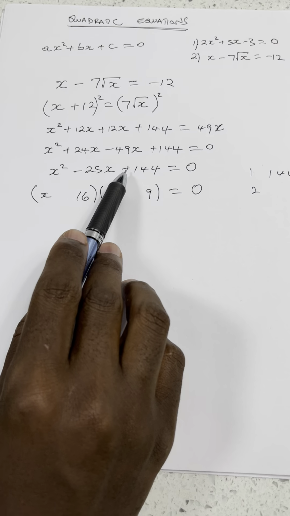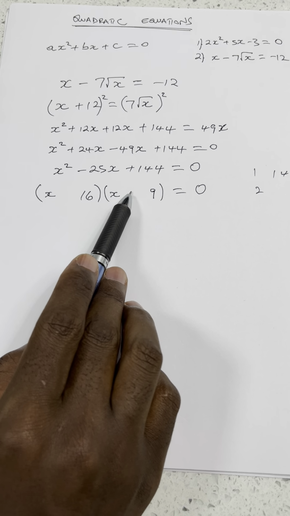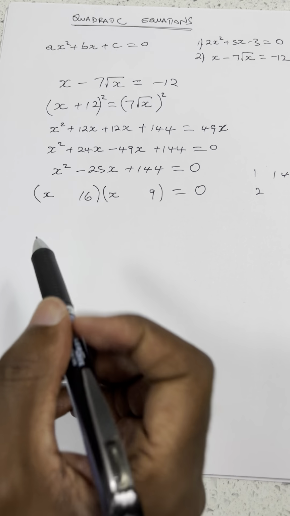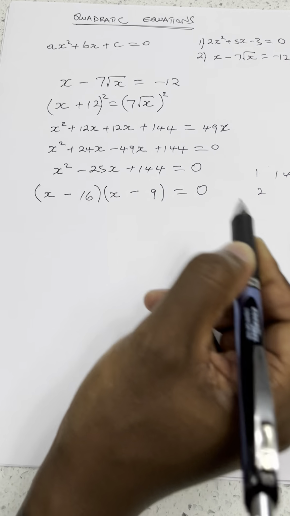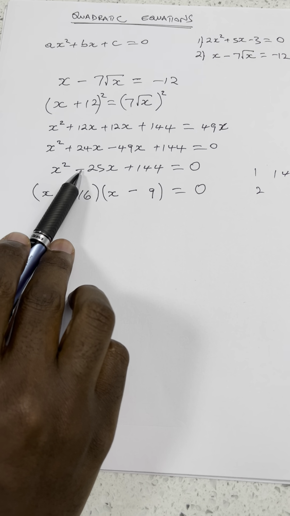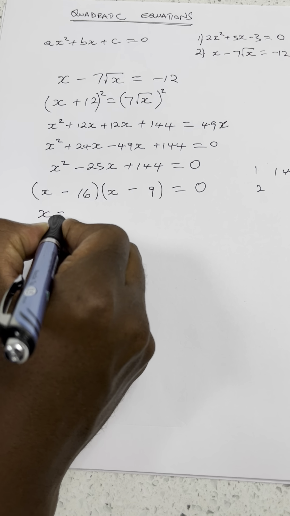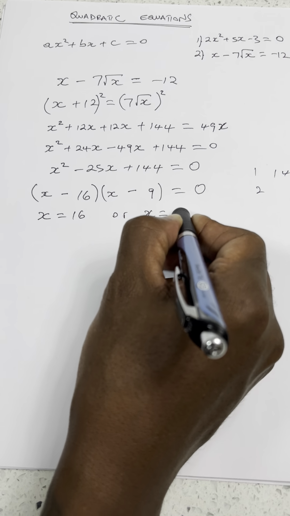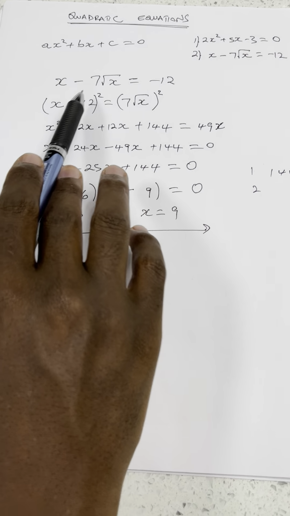When we have a positive c, these two must have the same sign, and that sign must be the sign of our middle term, our b. In this case, they will both be negative because they take the negative from the negative 25. This means x equals 16 or x equals 9. That is how you would solve this problem.